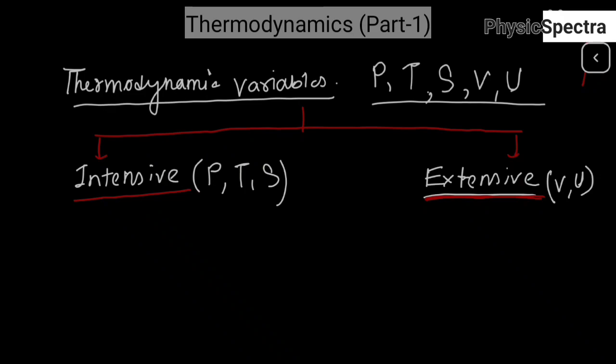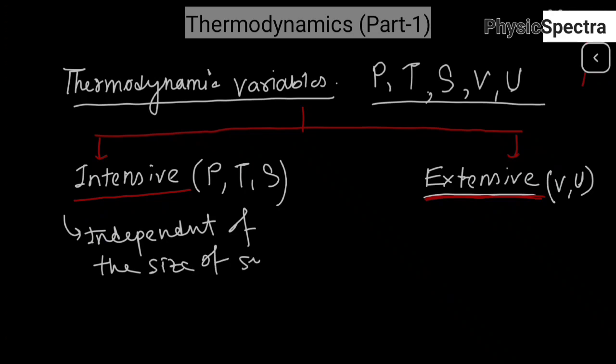Now what are intensive thermodynamic variables? The variables, that is P, T and S, which are independent of the size of the system, are called the intensive variables. Now what does it mean?